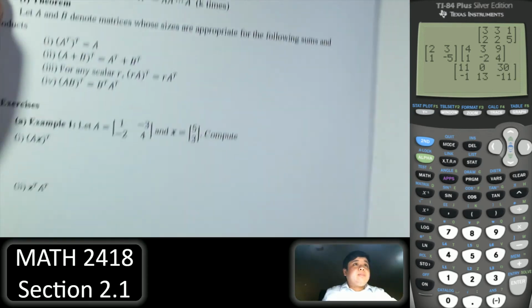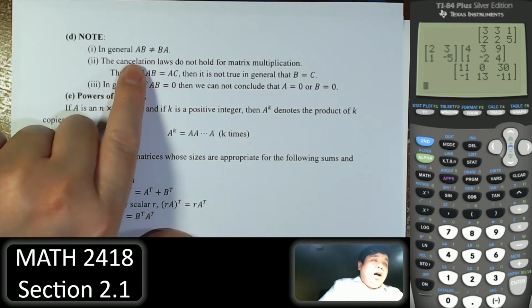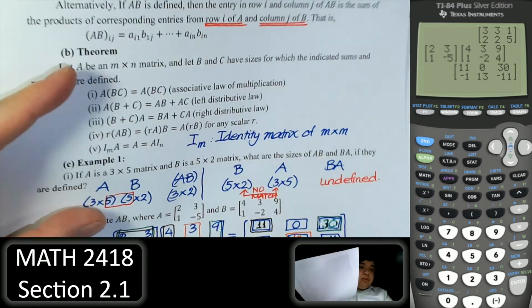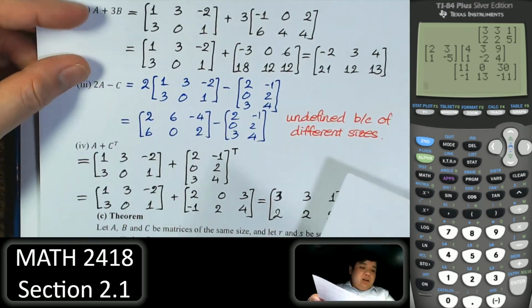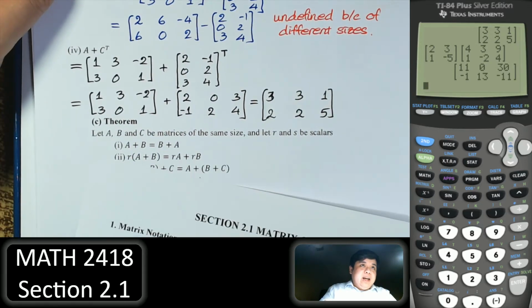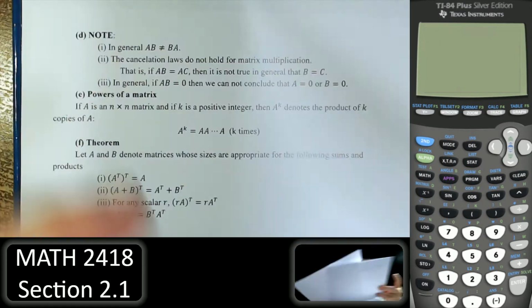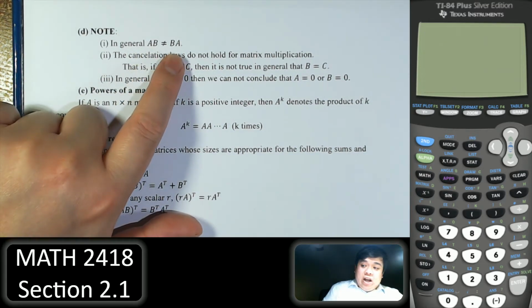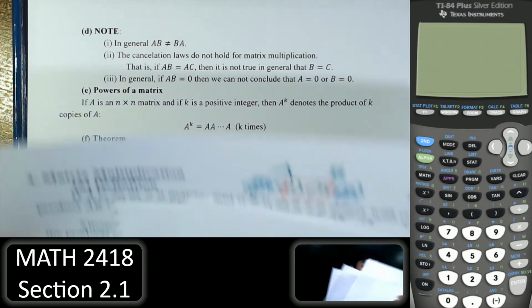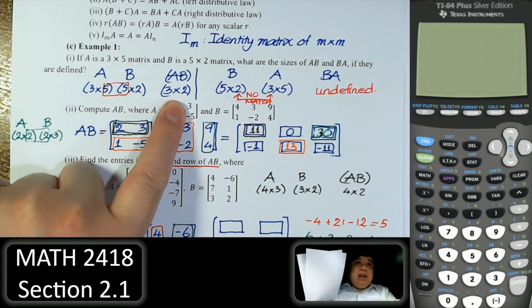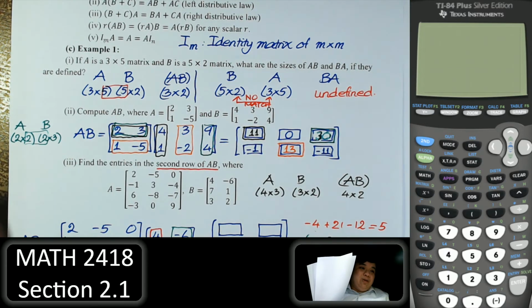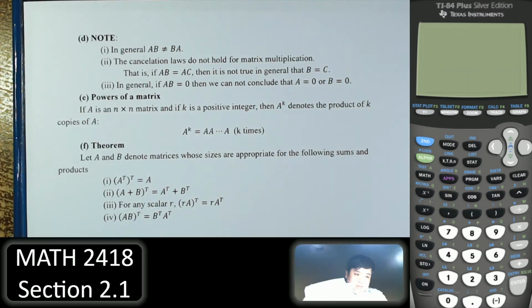Right. So in general, the product of A times B is not equal to B times A. Notice that in addition, we have commutativity: A plus B is the same as B plus A. But we don't have that in multiplication. Case in point, A times B may exist and B times A is undefined, so they certainly do not equal in general.